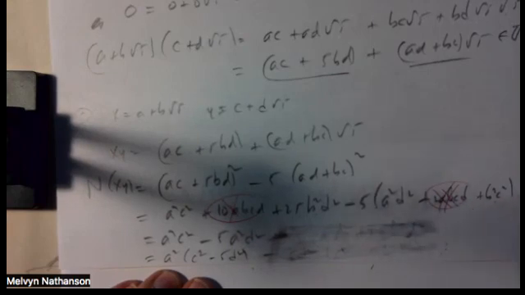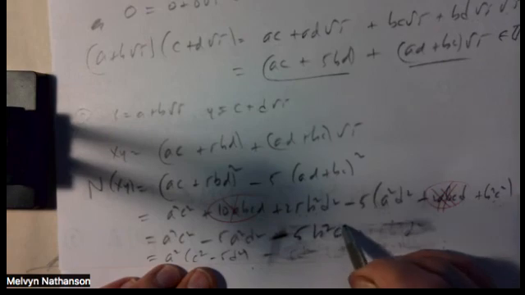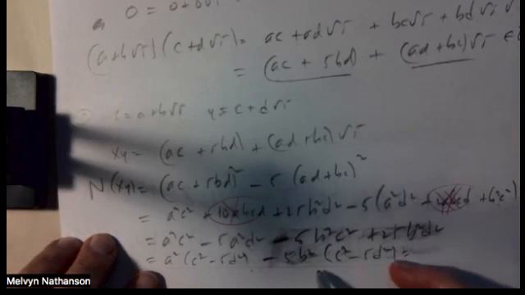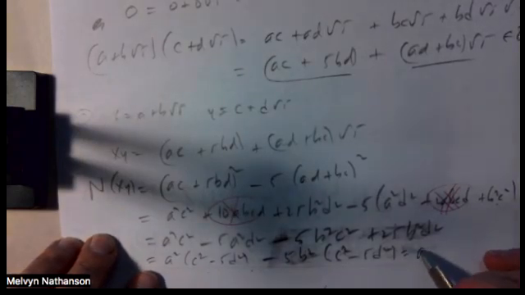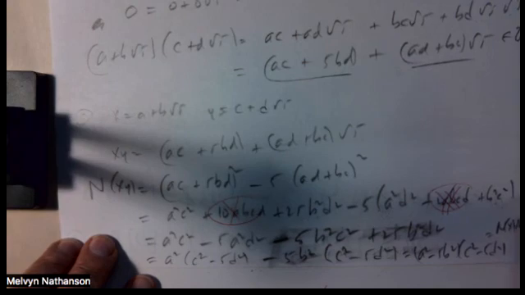And I have minus 5 B squared C squared plus 25 B squared D squared. So if I factor a minus 5 B squared from that, I get C squared minus 5D squared. So I can factor out C squared minus 5D squared. I get A squared minus 5B squared times C squared minus 5D squared. And that is the norm of x times the norm of y. That's what I wanted to show.